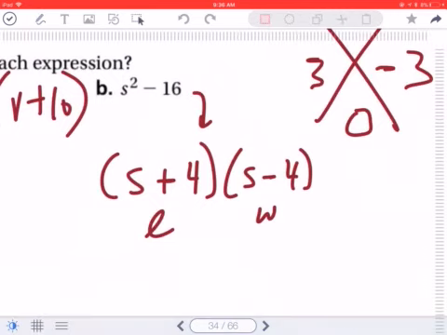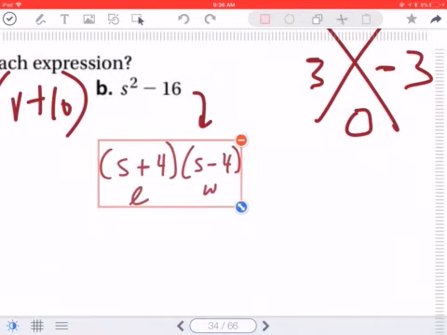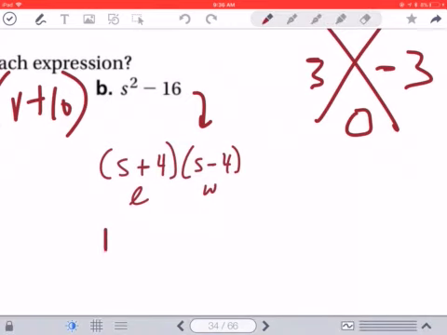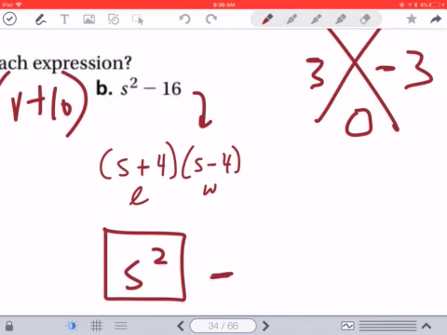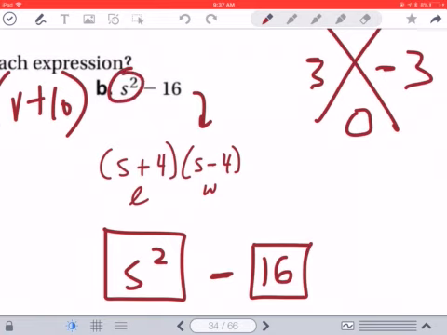Why is this called the difference of squares? Well, you do have two squares: s squared minus 16. s squared is a square and 16 is a perfect square.